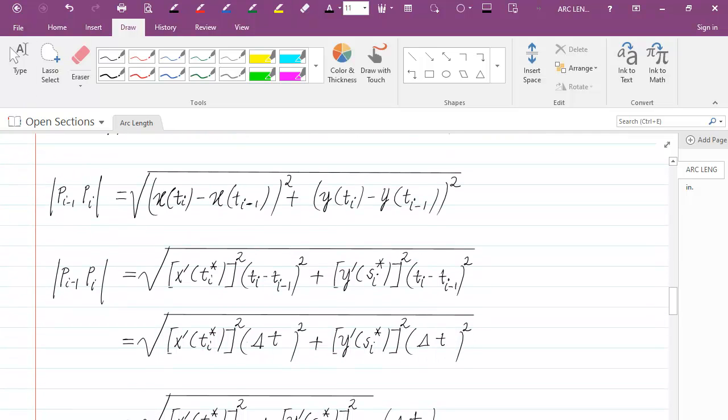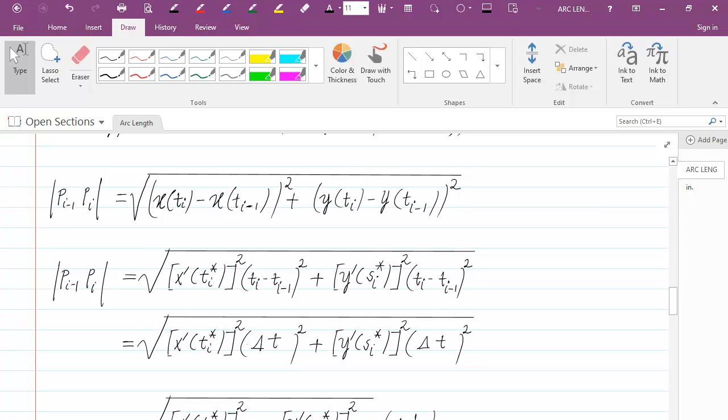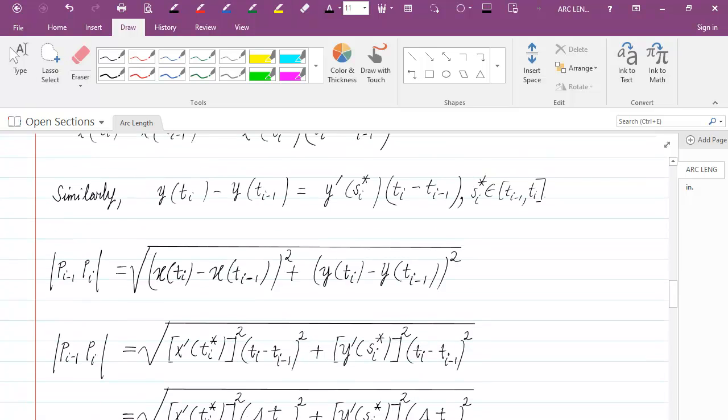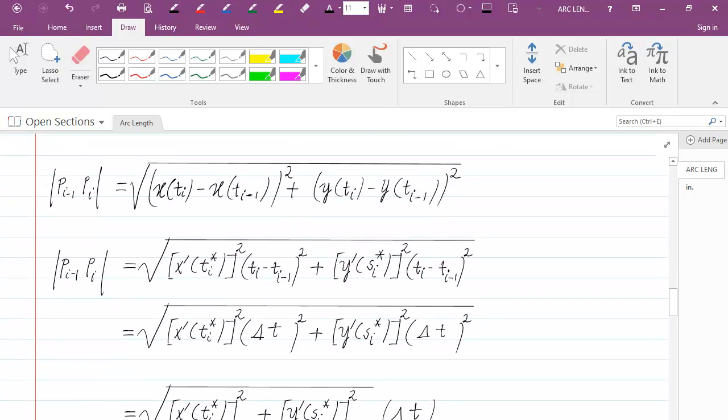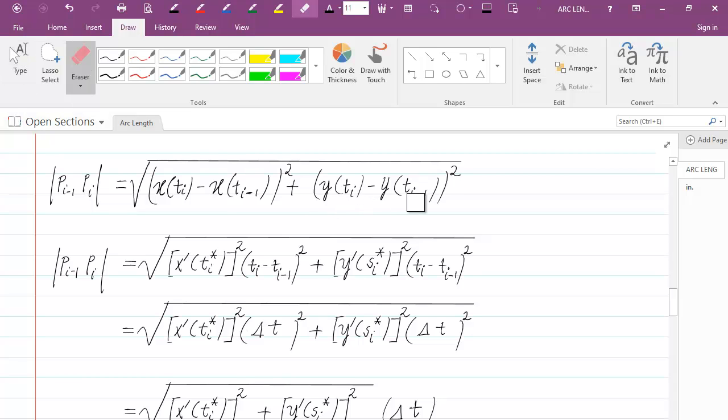If we do that, we get the square root of x'(t_i star) squared multiplied by (t_i - t_{i-1}) squared. Again, we are simply replacing this by that, so if you square that, you're going to square this. This is what we get. And the squared y difference would be y'(s_i star) squared times (t_i - t_{i-1}) squared.